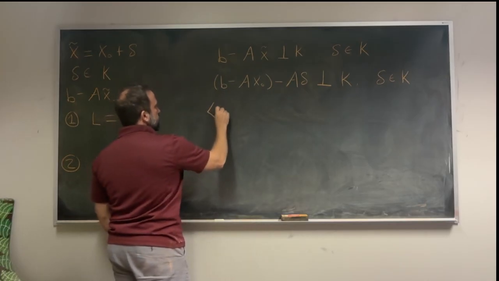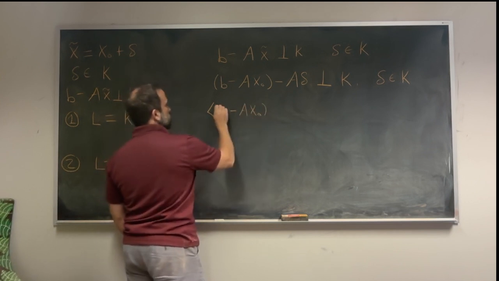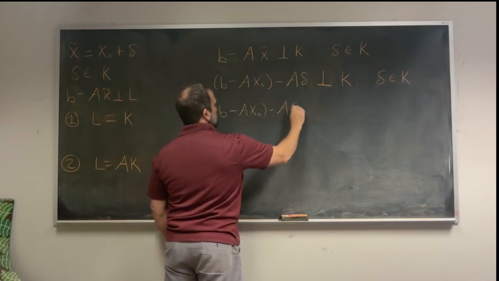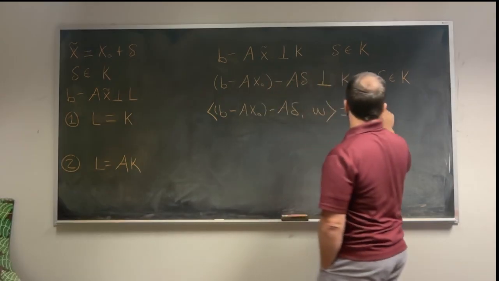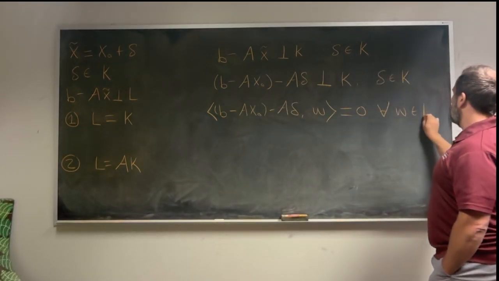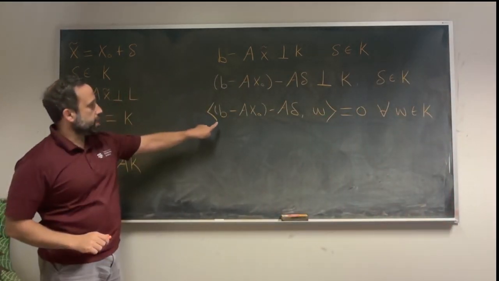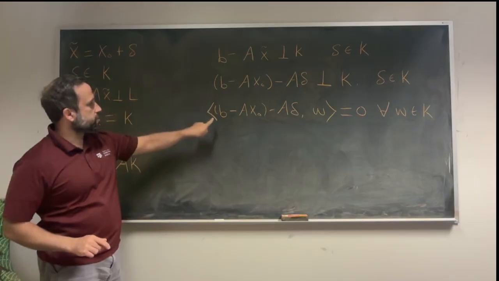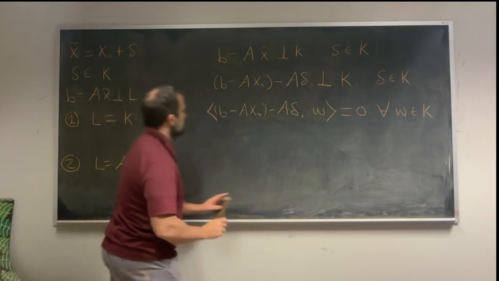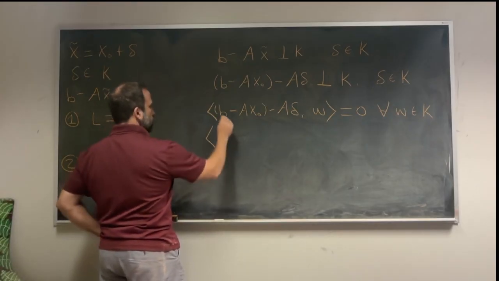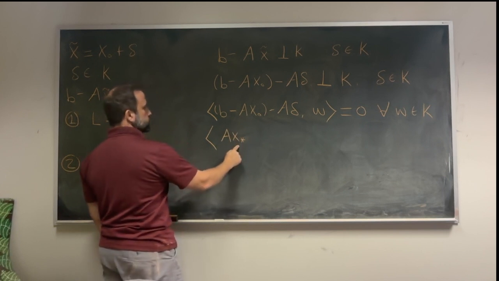So what we want is b minus A x0 minus A delta, inner product with w, to be equal to 0 for all w in K. But let me remind you, what is b? Well, if x star is the actual solution, then b is equal to A x star. So I can rewrite this in the following way. I can write b as A x star, where x star is a solution.